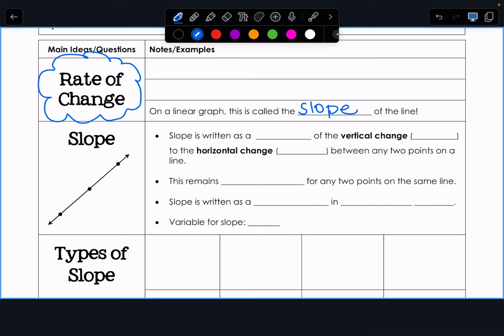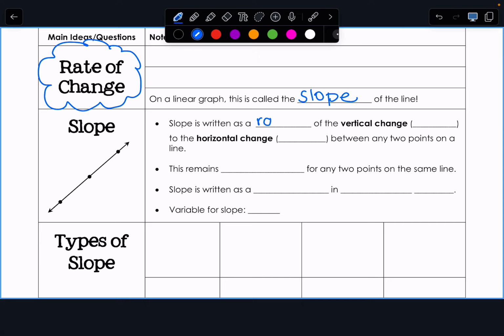Now, we are going to write slope as a ratio, which is just a fancy word for a fraction. When we were going through that warm-up, which way did we go first? We went up or down, right? So we're going to call that the vertical change. We went first, so I'm going to refer to that as the rise.